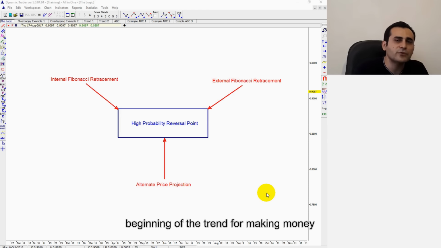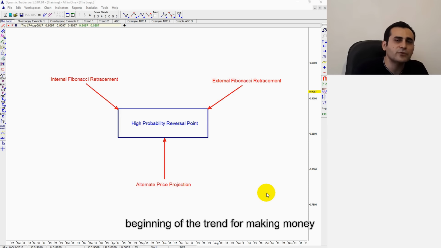For finding the end of this trend, I draw APP from here, the beginning of this trend, to the end of this trend. The third point is the beginning of the last trend. This is our APP.